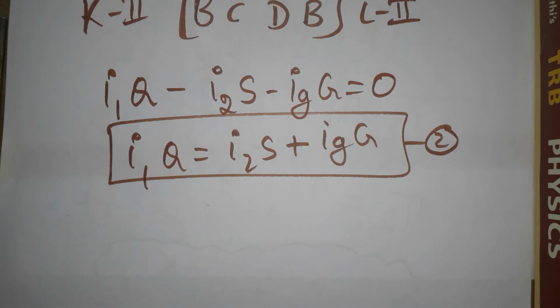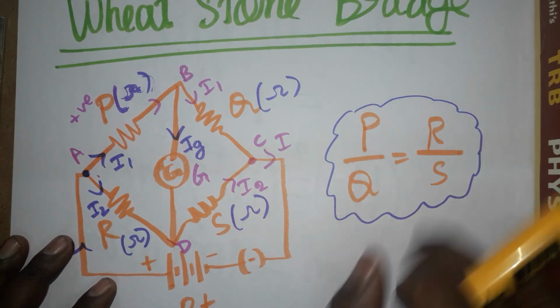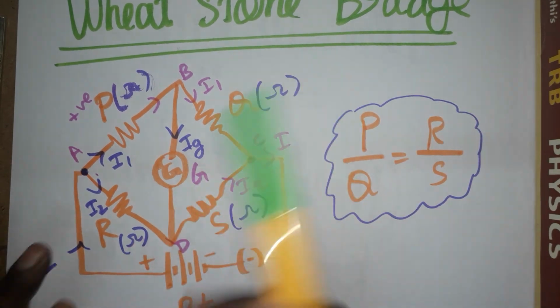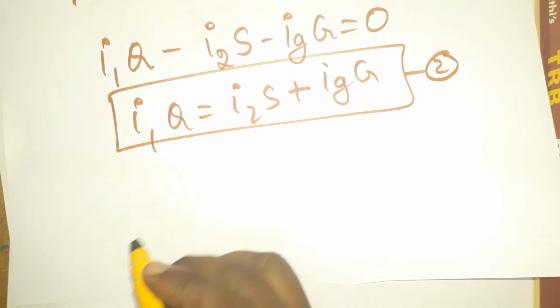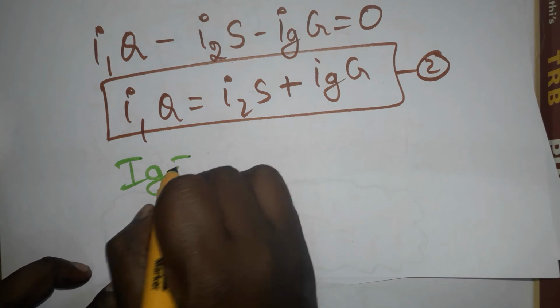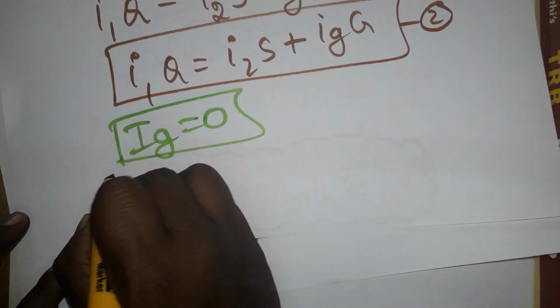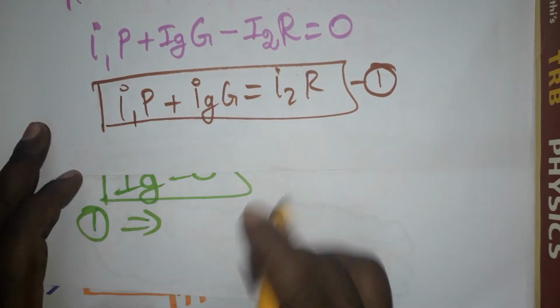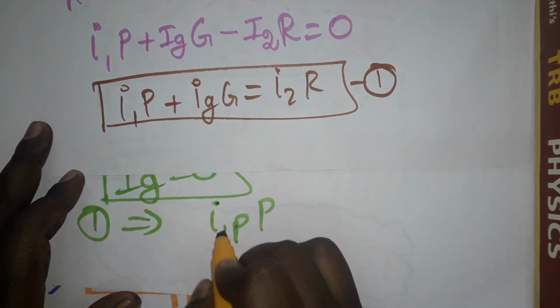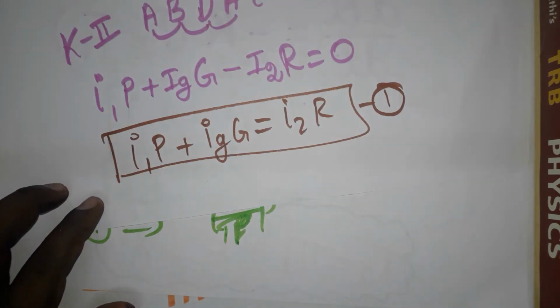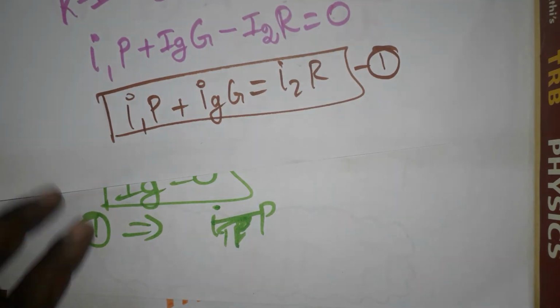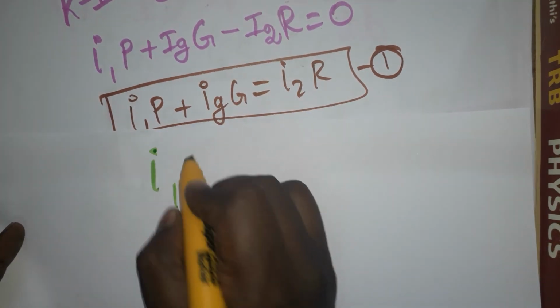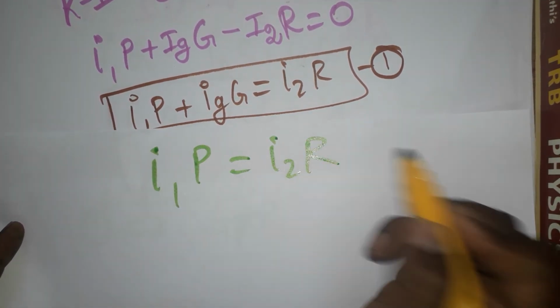As I said, when the resistances are balanced, Ig will be 0. When Ig is 0, in equation 1 the Ig term will be 0, so I1P is equal to I2R.